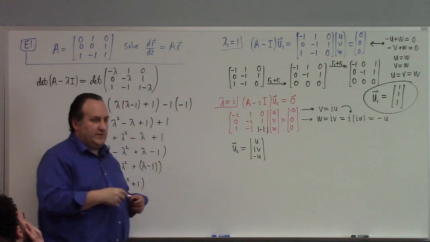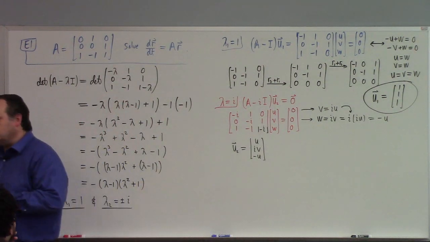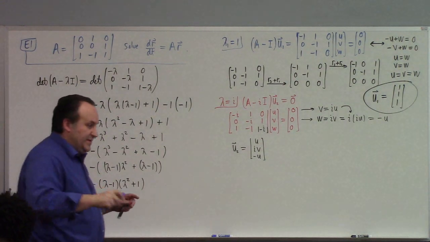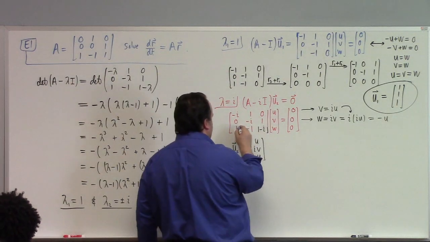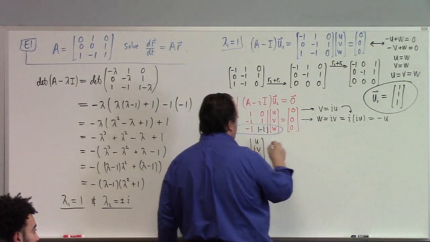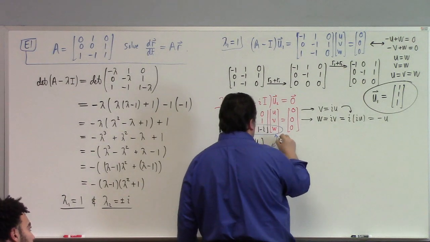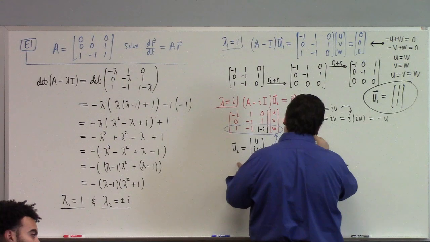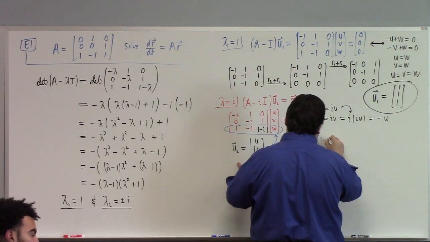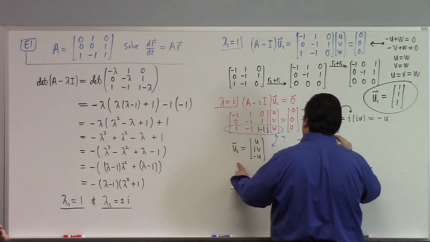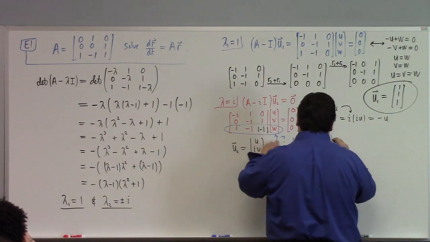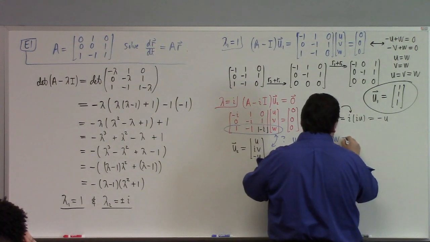Now, which row did I not use? I did not use the last row. To double check my calculation, let us make sure that this actually is consistent with that. So I should see that u minus v plus 1 minus i times w, that's supposed to be equal to 0.